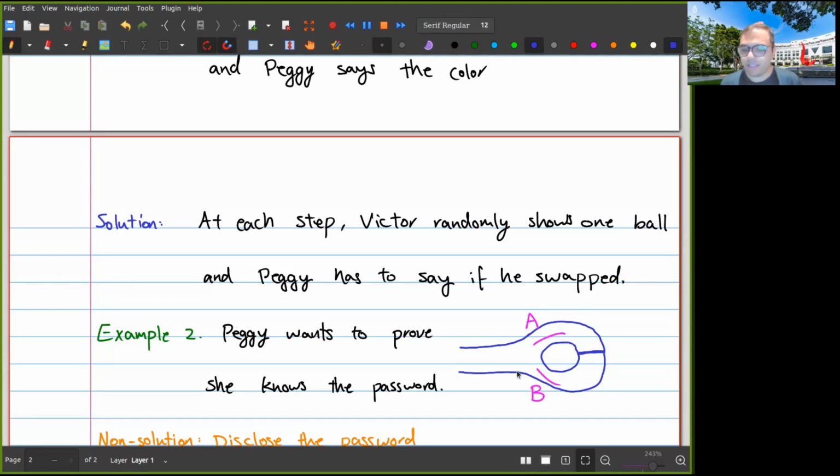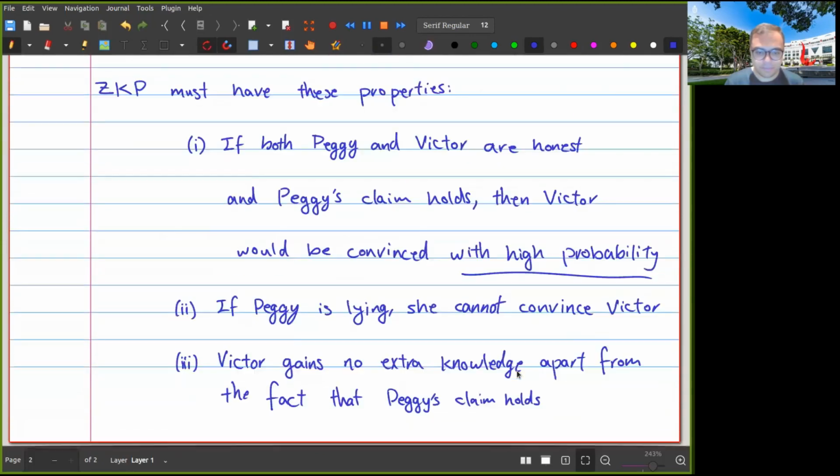But we don't want that. We just want to convince Victor that Peggy knows the password, and we don't want Victor to get any extra abilities out of this. Victor shouldn't be able to convince someone else. Okay. So actually, this is called the zero knowledge property.